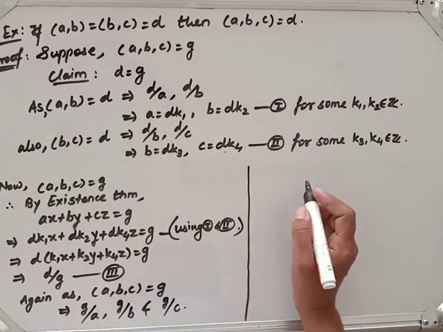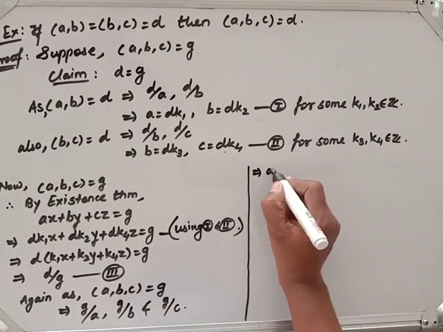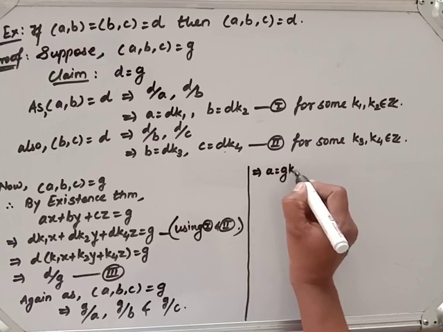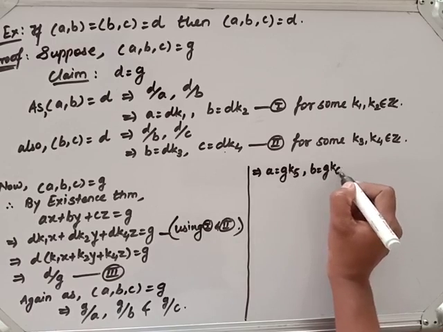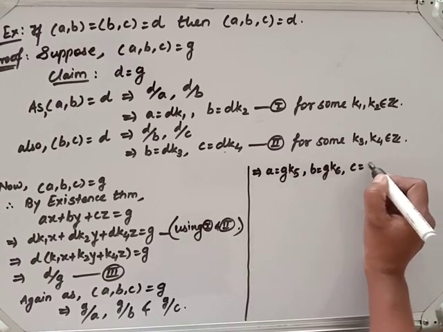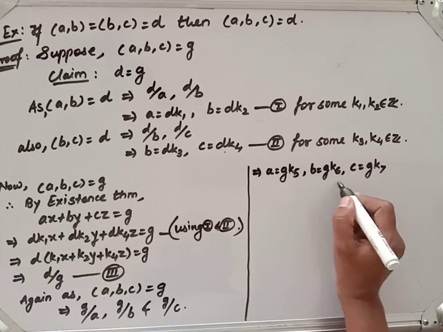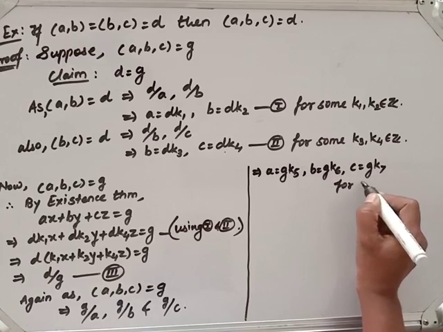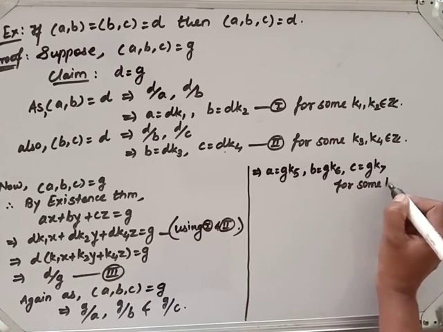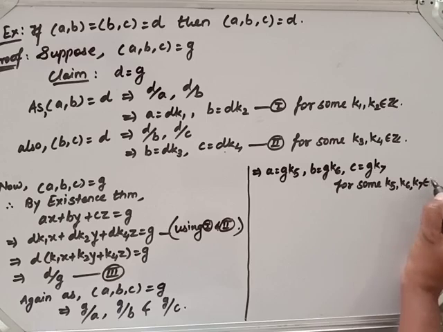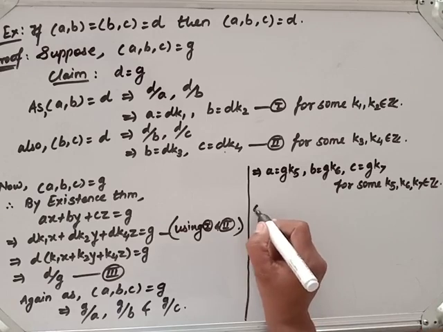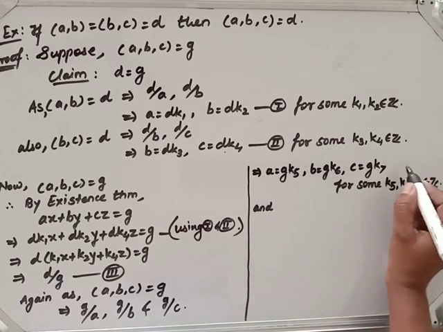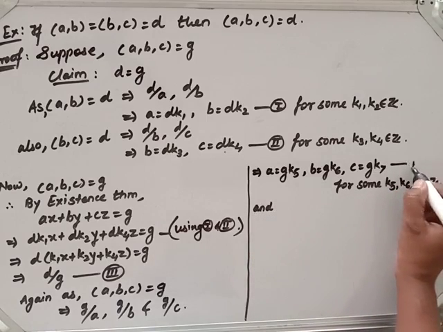Now as G divides A, we get A is equal to G times some integer, B is equal to G times some integer and C is equal to G times some integer, for some k5, k6 and k7. These are integers. Call it equation number 4 suppose.